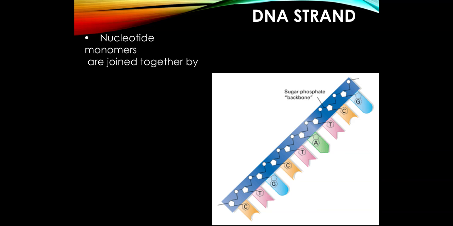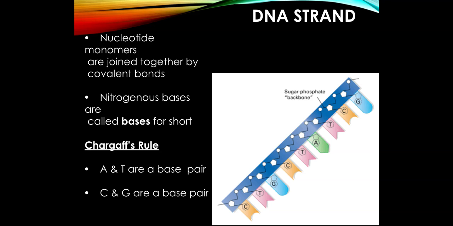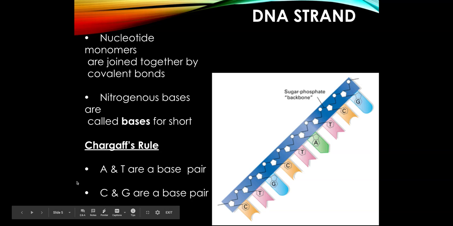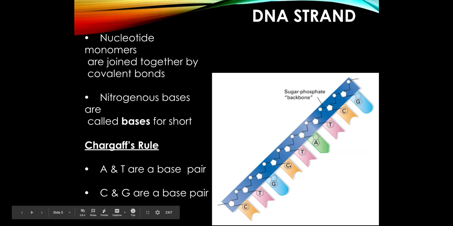Okay, so we're going to take a look at a DNA strand. The nucleotide monomers are joined together by covalent bonds. Nitrogenous bases are called bases for short. Obviously, as Ms. Pranky stated, Chargaff's rule, A and T are the base pair, and C and G are the other base pair. Something that we want to point out to you guys here, you can see, this part right here is going to be called our sugar phosphate backbone.